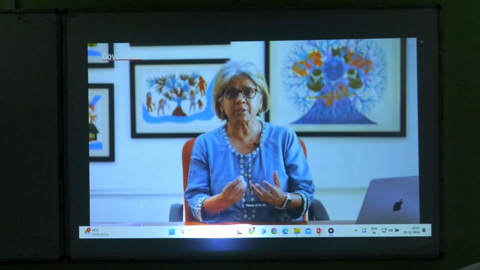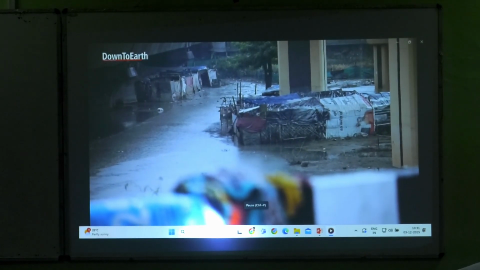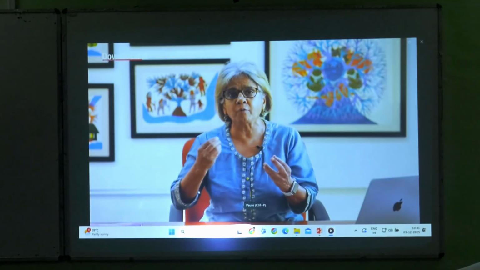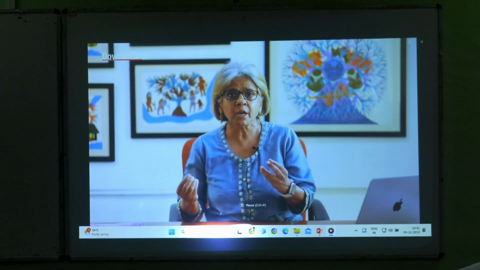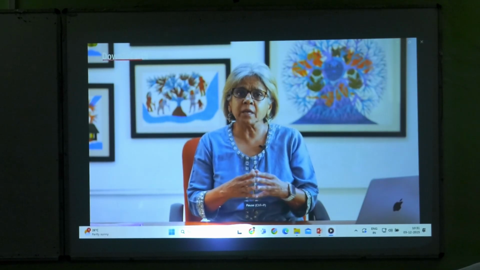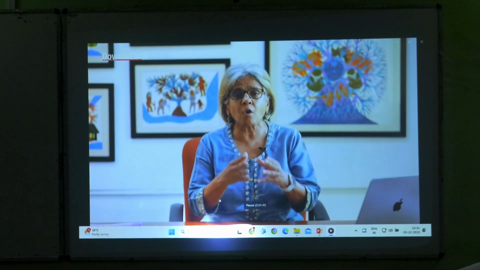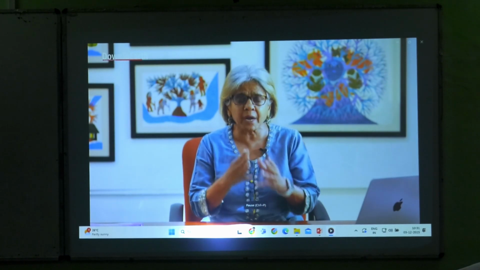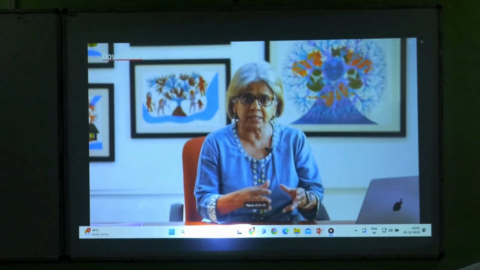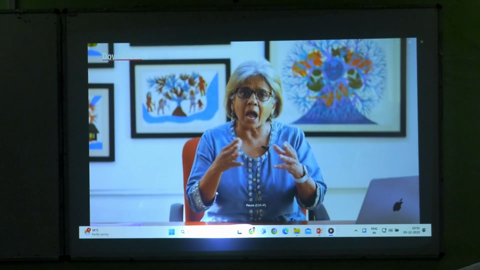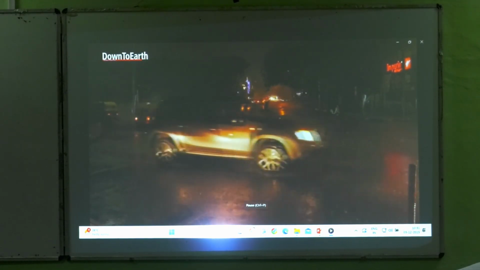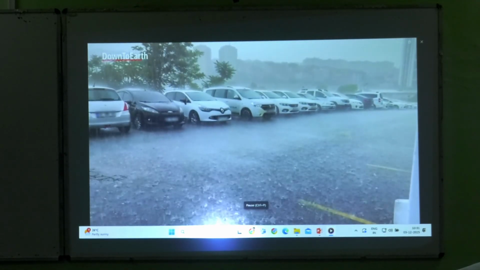Now, because of climate change, you will get more extreme rain events, which means more rain in fewer rainy days, rainy hours. If you look at the data from across India, you will find that many weather stations are already reporting that they are breaking the record of 24-hour rainfall, which means that a city, a region, can get its annual rain, as much as a whole year's rain, in a matter of a few days or even one day.